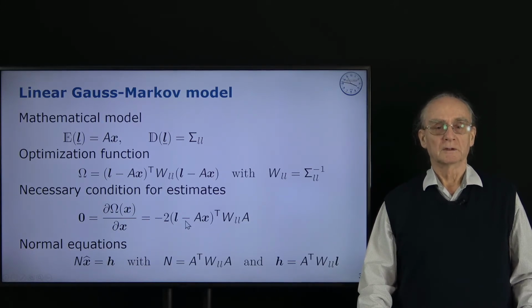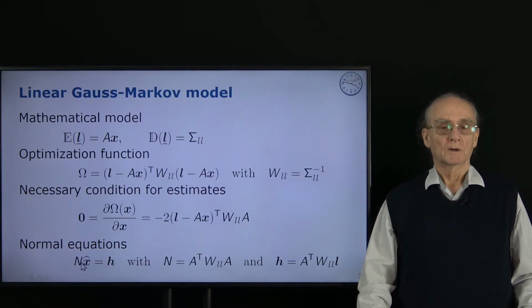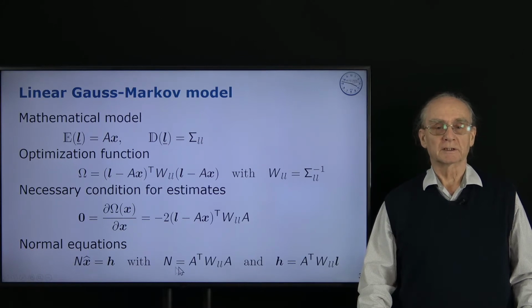If you rearrange this, knowing that this should be 0, we arrive at what are called the normal equations, an equation system with a square matrix N, which is A transposed W A, and the right-hand side, which is L transposed W A, in transposed form.